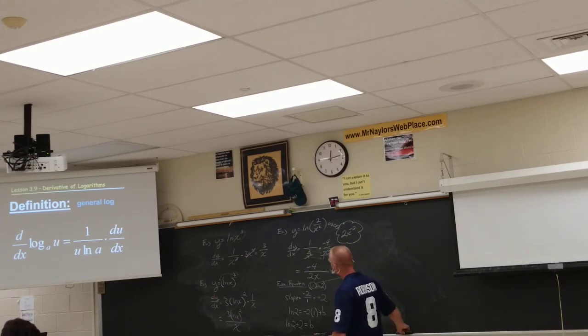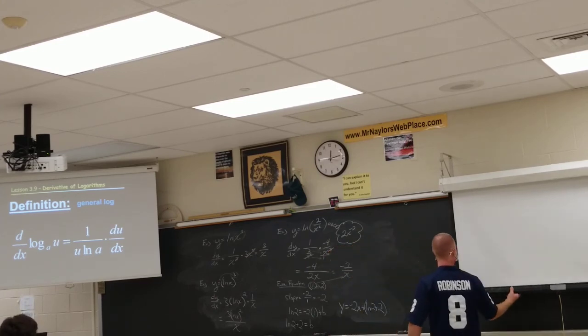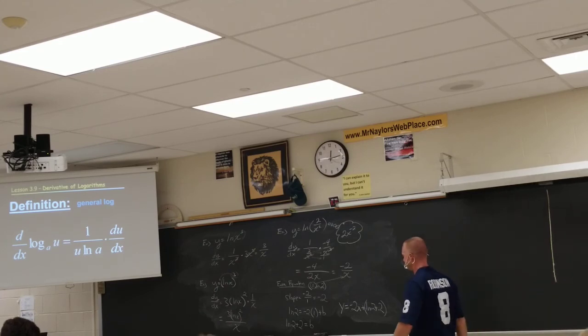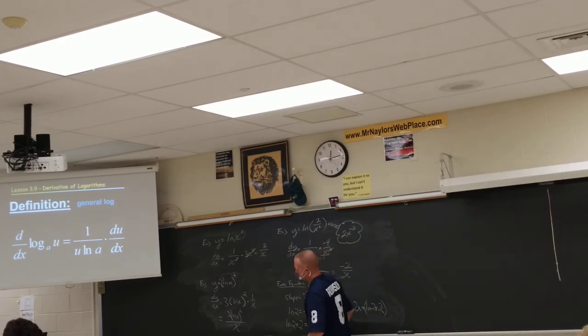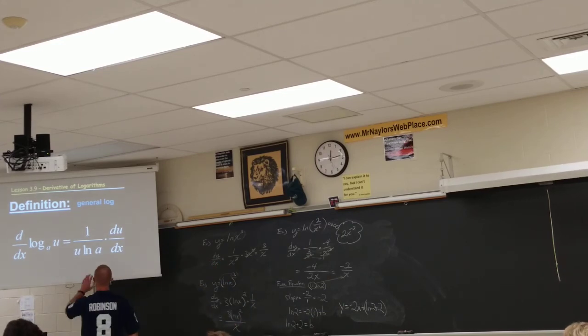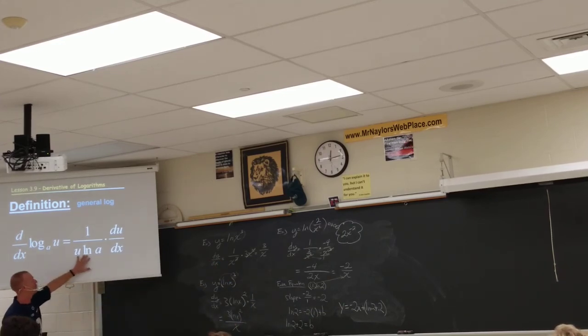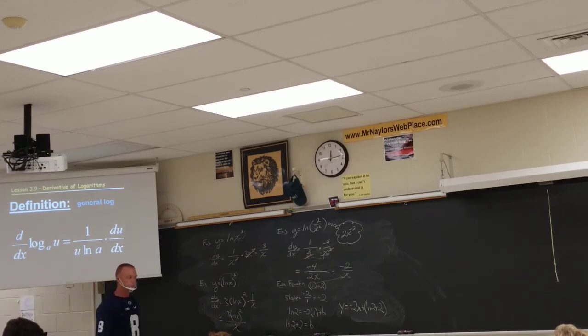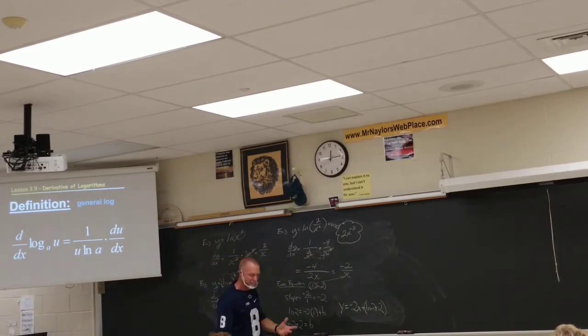It's still the reciprocal. There's honestly just one adjustment. We also have to divide by the ln of a, the ln of the base, kind of like our adjustment from yesterday for that exponential.